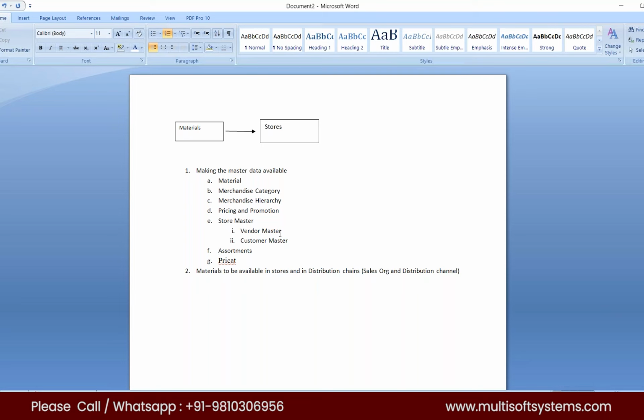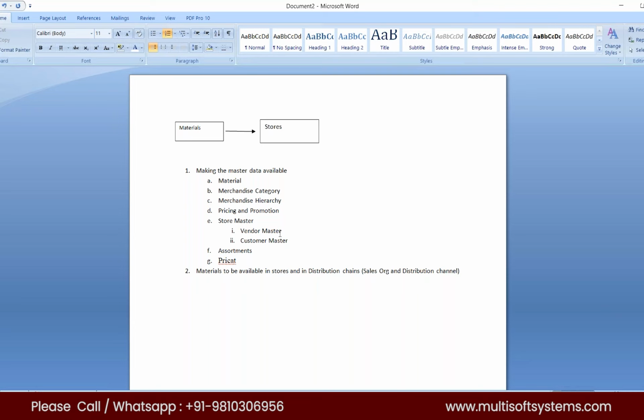And apart from that, what kind of pricing procedure we are going to set on the material to be sold for a specific sales organization distribution chain. And we also will see about the promotions. For example, if we have the season of Christmas, you will be applying some promotions, meaning that for all the European countries, you will give a 25 percent discount for a specific segment of clothes.